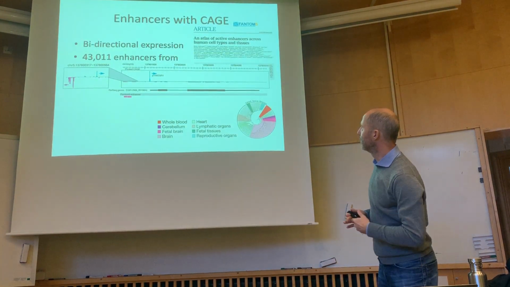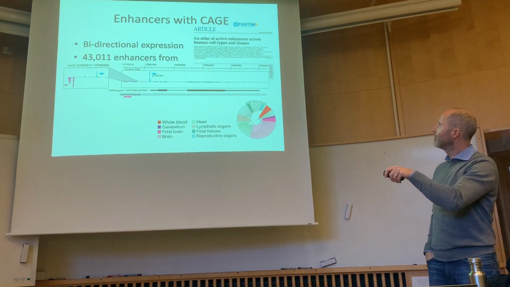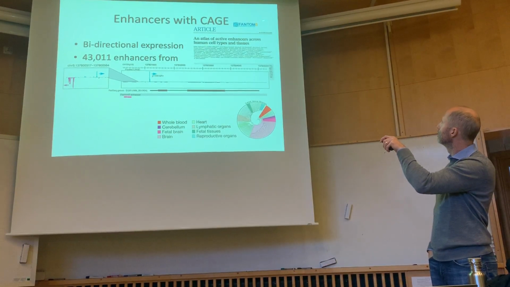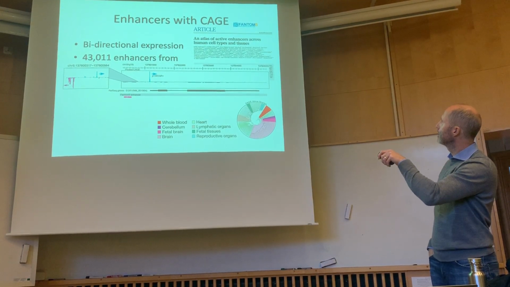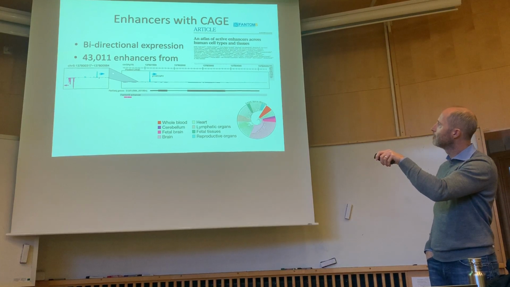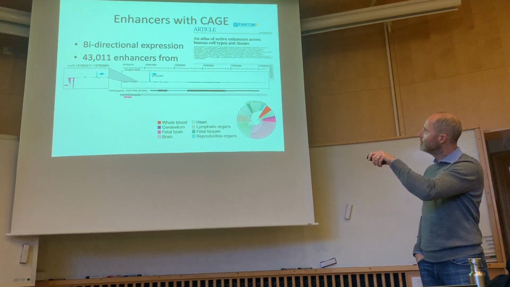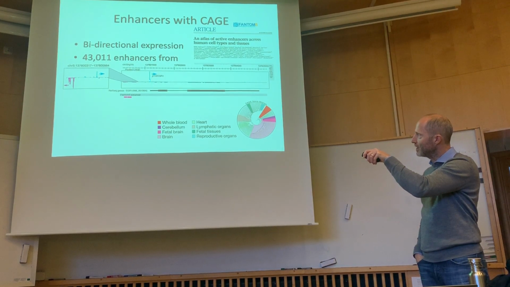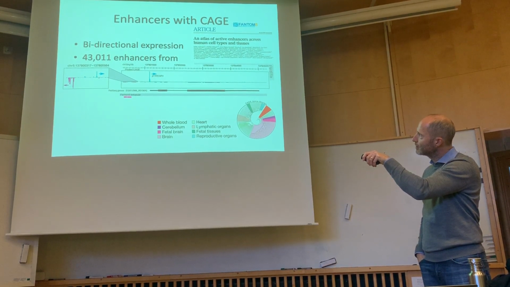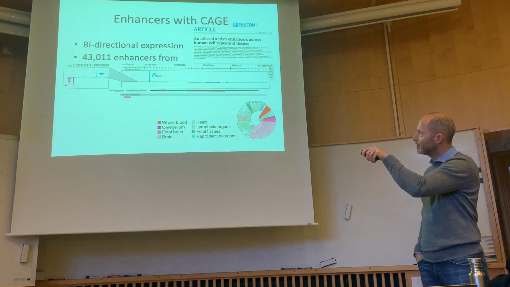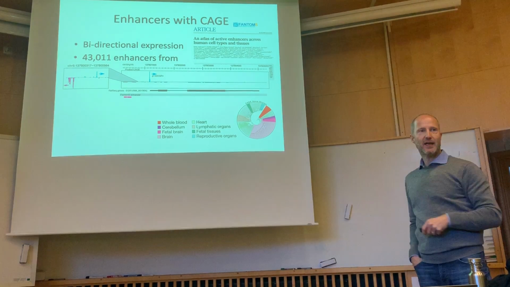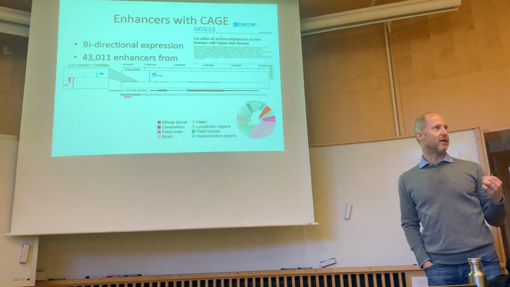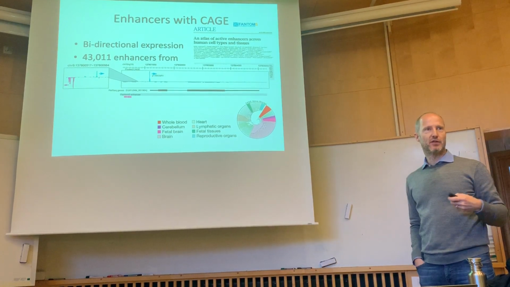Maybe we can go directly here. So this is a paper from 2015, maybe 2016. Here you have a gene, EGR1, and this is the CAGE RNA sequencing signal that I showed you. And there is an enhancer which is regulating this EGR1, and this enhancer has been studied for many years by biologists that are interested in early response.